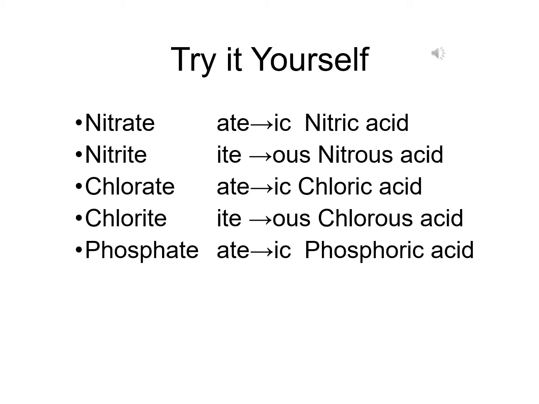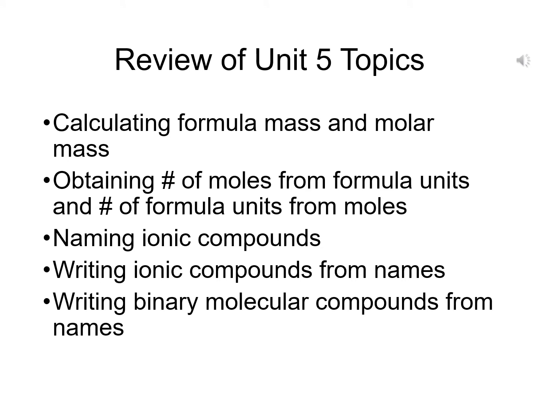All right, well, that concludes our time learning about acids, and we're now going to review a number of Unit 5 topics. This is a really important unit in Chem 101, and we cover some really important material, such as calculating formula masses and molar masses, determining the number of moles from formula units, and determining the number of formula units from moles.